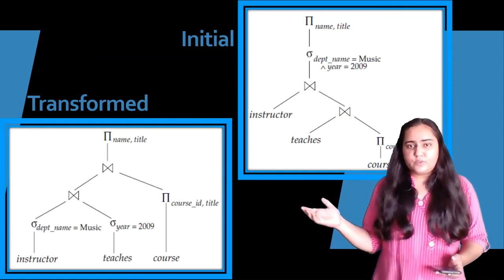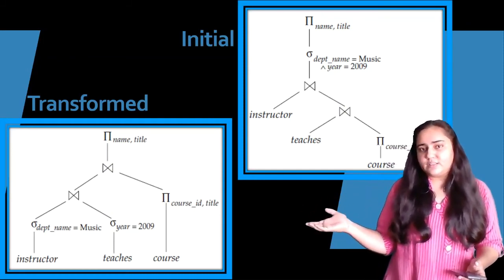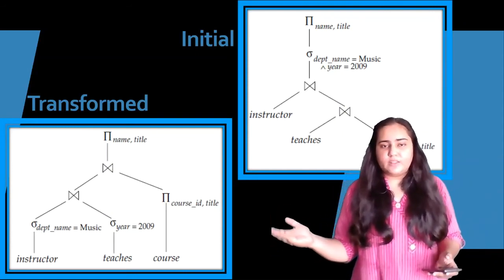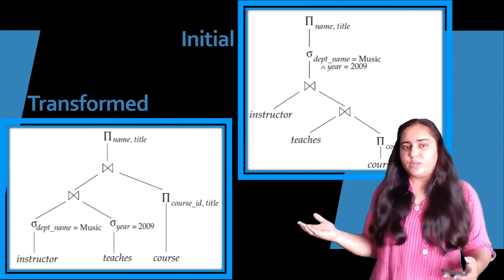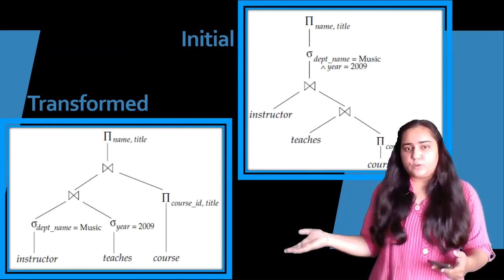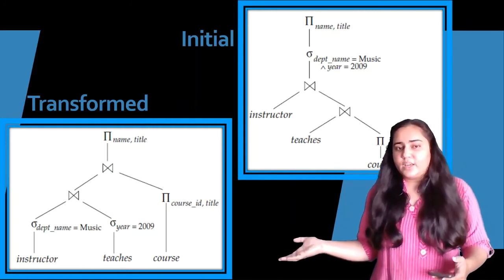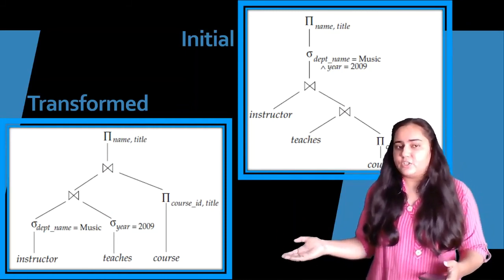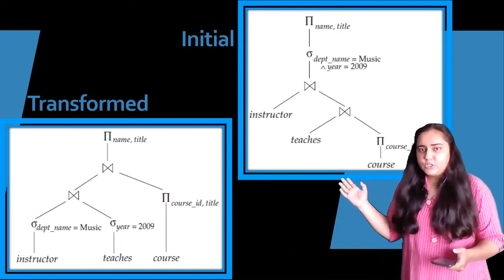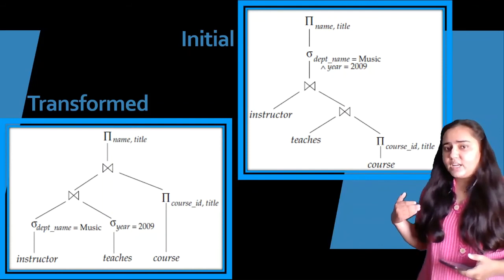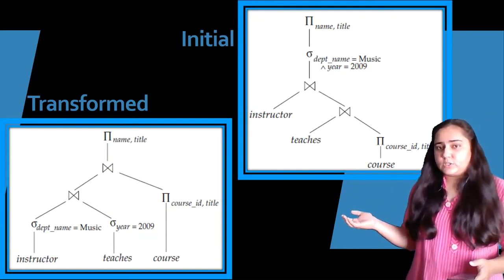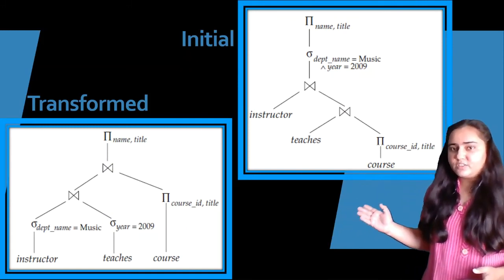And if you see in the transformed tree, this is easier because while I'm performing instructor and teachers' sigma operations, I can at the same time run the pi operation on course, because I don't have to wait for instructor and teachers to finish the sigma in order to perform pi on course. But if you see the initial tree, the first thing that I can do is perform pi on course. I can't do anything with instructor and teachers till pi operation on course is finished.